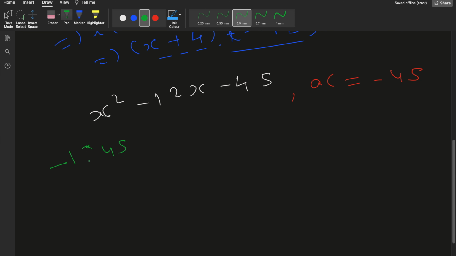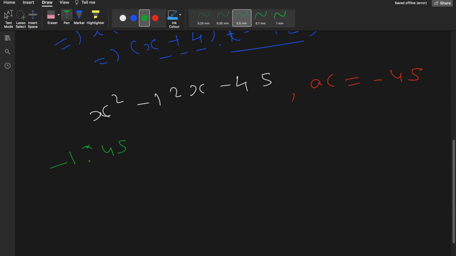Let's do 5 into, what's 45 divided by 5? It's 9. So we write minus 9. No, that's not correct. We could write 15 into negative 3. Actually, yeah, we could write minus 15 into 3. So we got our two values, which are minus 15 and 3.